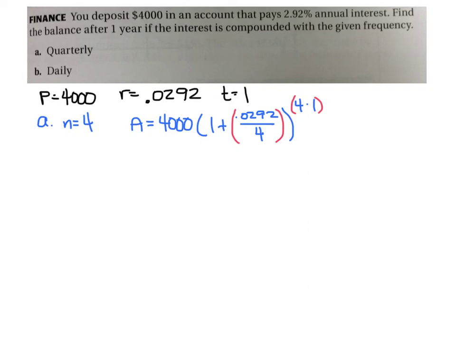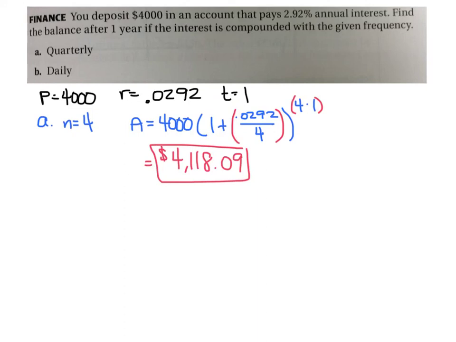All right, so if we compound quarterly at 2.92%, after 1 year, we should have $4,118.09. Okay? Now, what would you expect for compounded daily? Should you have a little bit more or a little bit less?